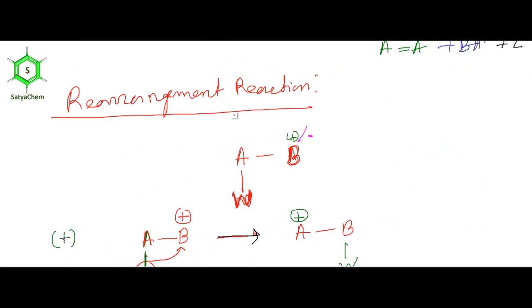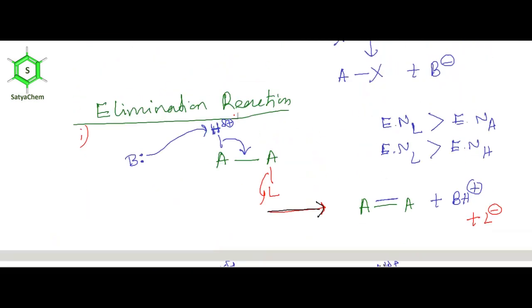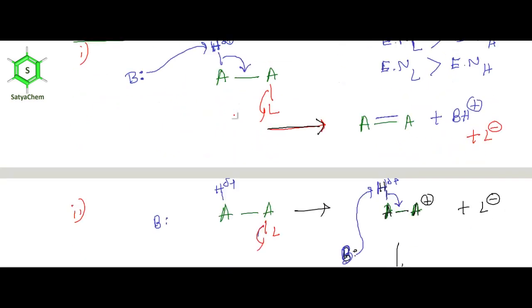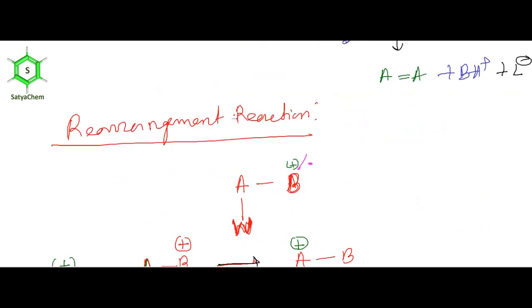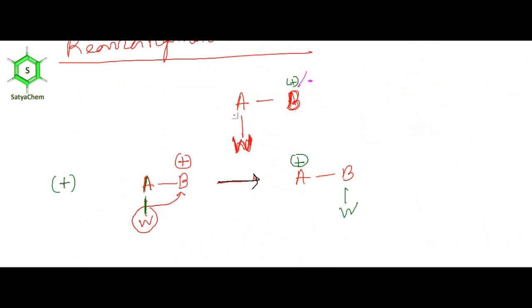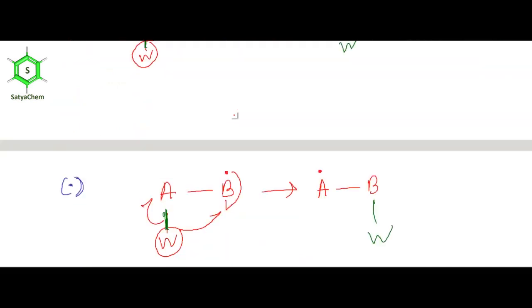In organic reaction mechanisms, as intermediates we sometimes get a positive charge, sometimes a free radical, and sometimes an anion. In organic reaction mechanisms we deal with carbon compounds.